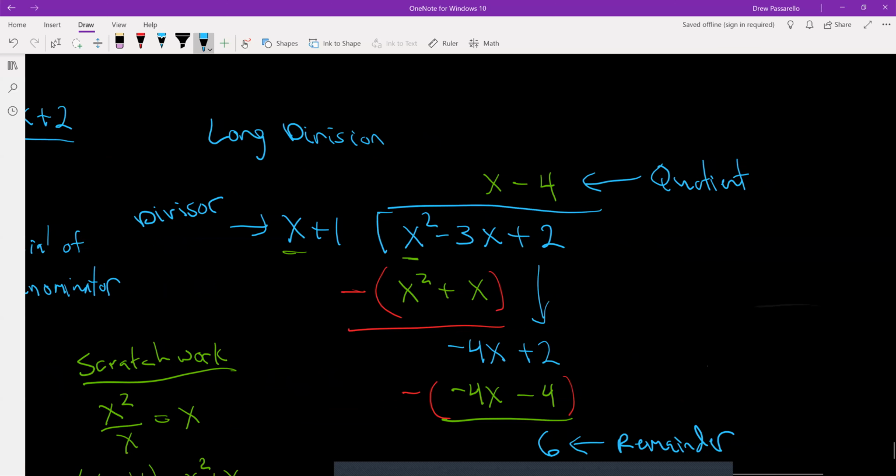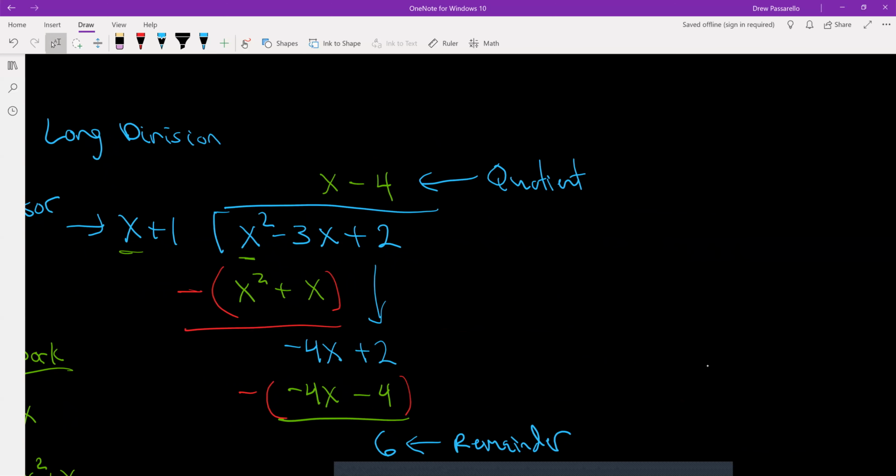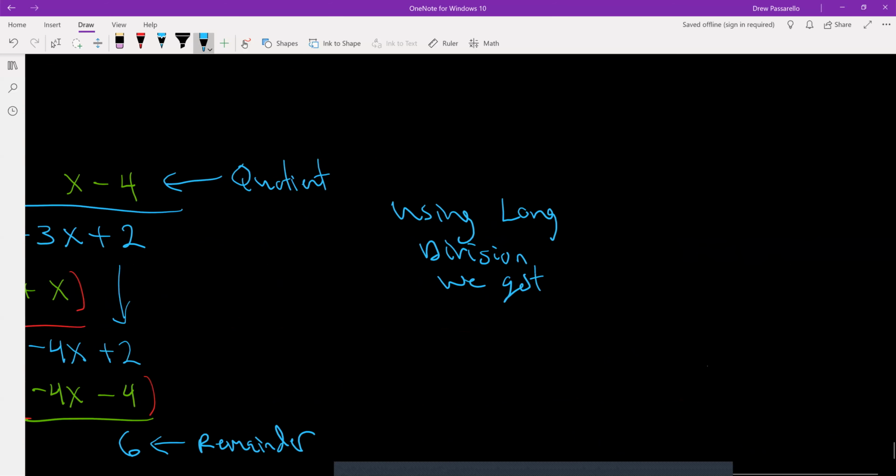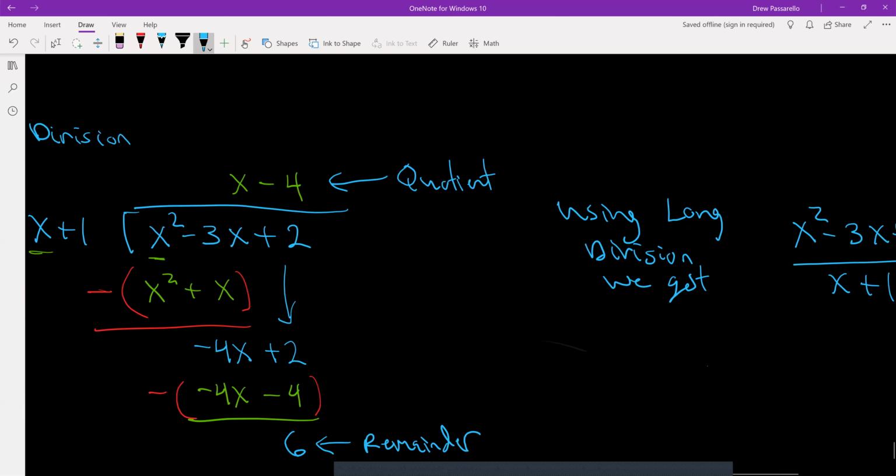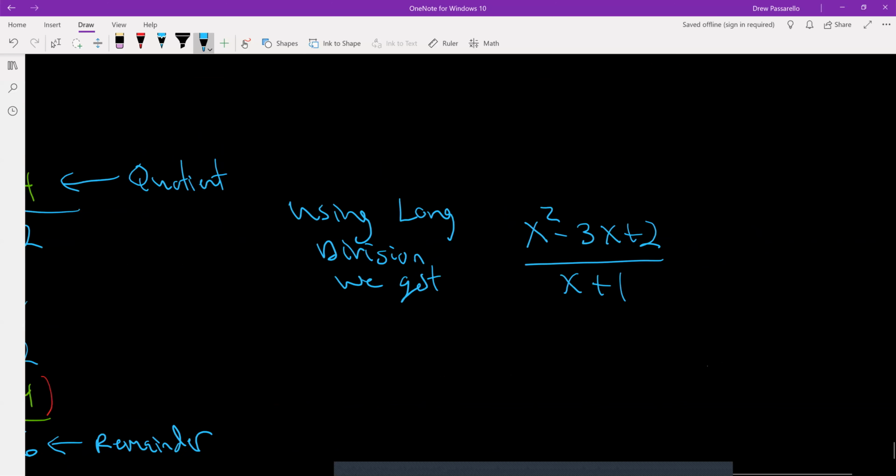So using the long division, we did x squared minus 3x plus 2 divided by x plus 1.